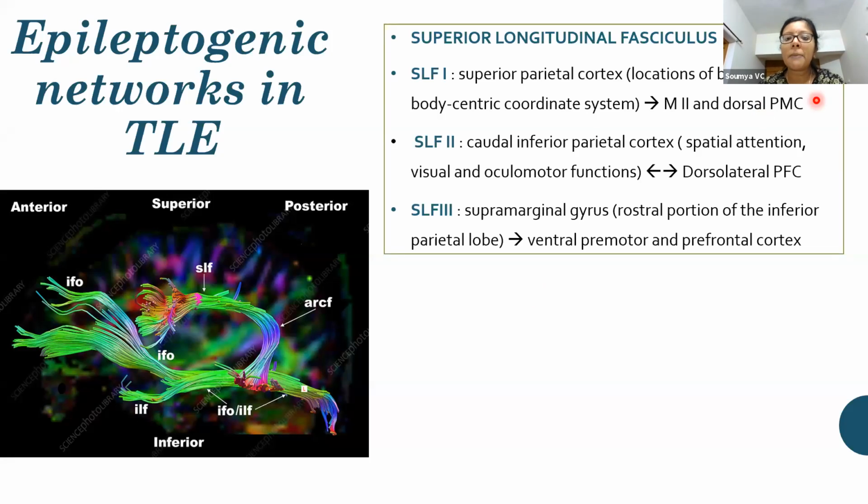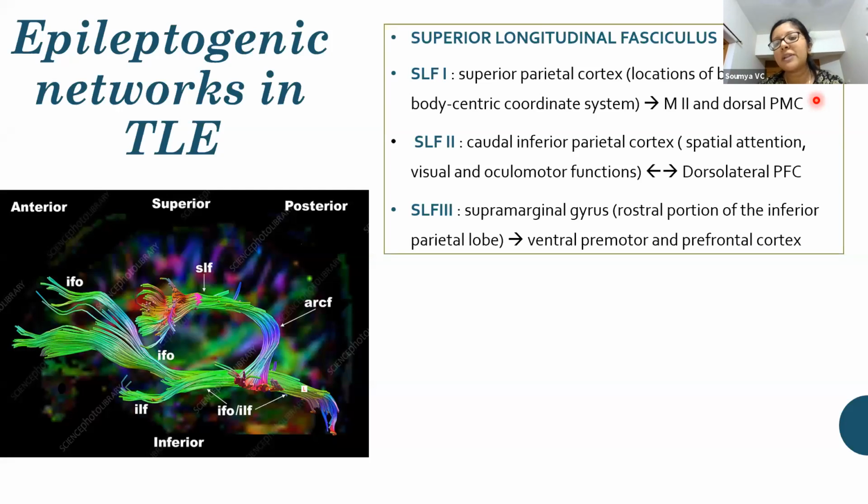The superior parietal cortex is mainly involved in identifying the location of the body parts in a body-centric coordinate system. So SLF1 is mainly involved in motor programming, and it selects the appropriate motor action from a competing set of motor programs. And SLF2 connects the caudal inferior parietal cortex to the dorsolateral prefrontal cortex.